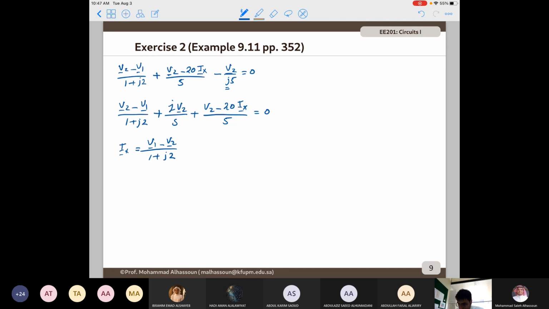So let me substitute. I'm going to get V2 minus V1 over 1 plus J2, plus J V2 divided by 5, plus V2 divided by 5, minus 20 divided by 5, which is 4 times Ix, where Ix is V1 minus V2 over 1 plus J2, equals 0.